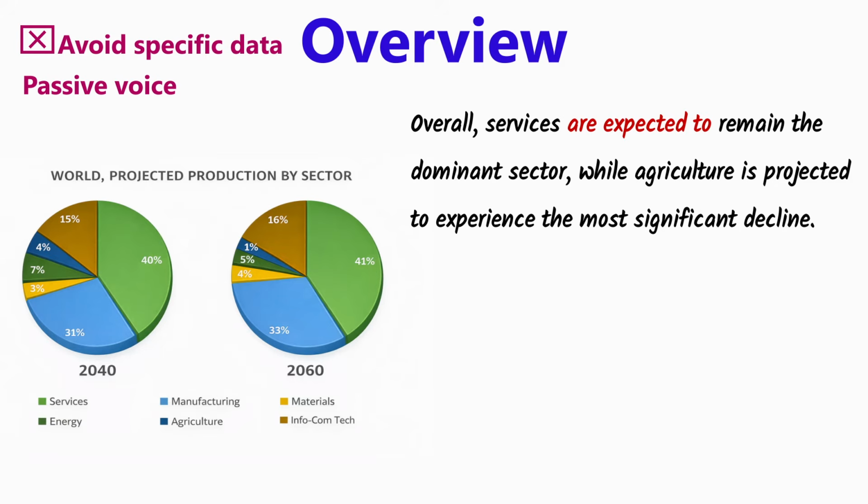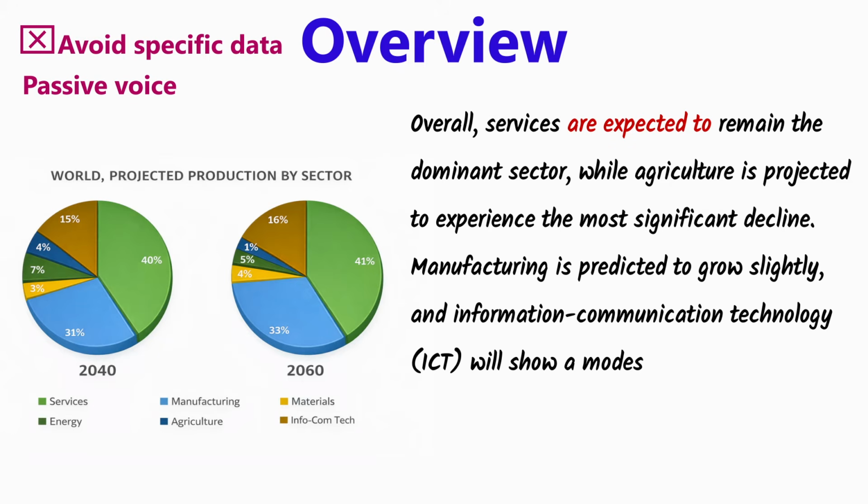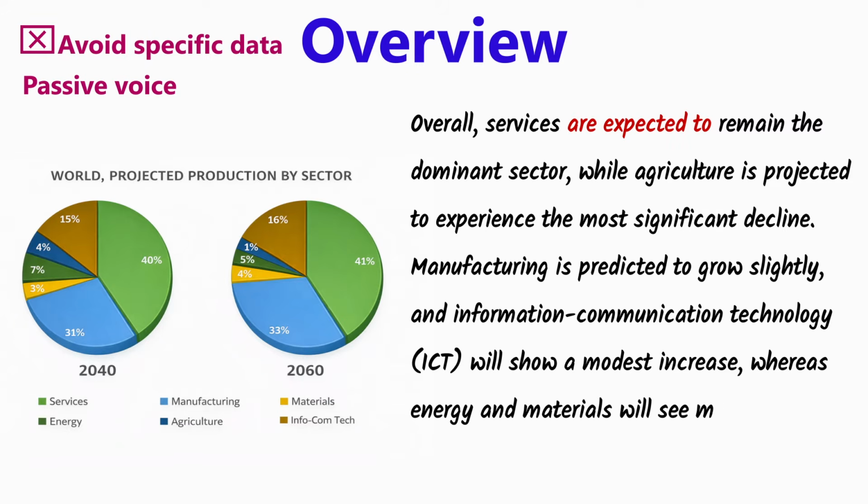And then we can write about manufacturing. Manufacturing is predicted to grow slightly, and information and communication technology, or ICT, will show a modest increase, whereas energy and materials will see minor fluctuations. This is my overview paragraph in which I wrote about the most outstanding features of this pie chart.